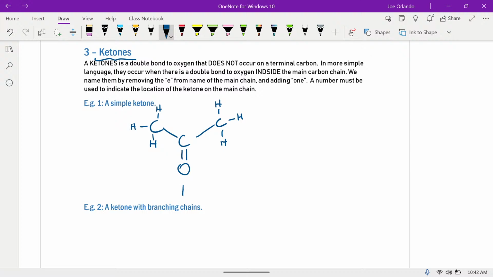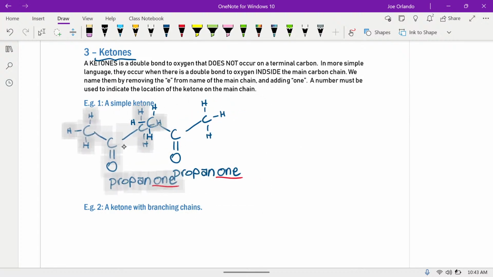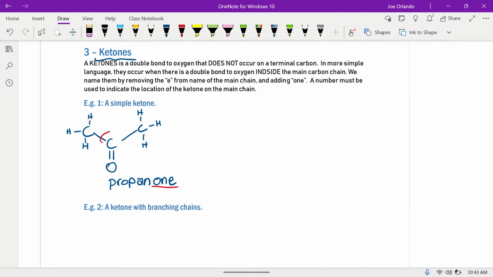What would this one be called? Well, propanone. The -one ending tells you that it's a ketone. Now, this does require a number, so why didn't I put one here? Because there's only one inside carbon here, so there's only one place for it to go. Any more complicated one requires a number. So here we have 1, 2, 3, 4, 5, 6.